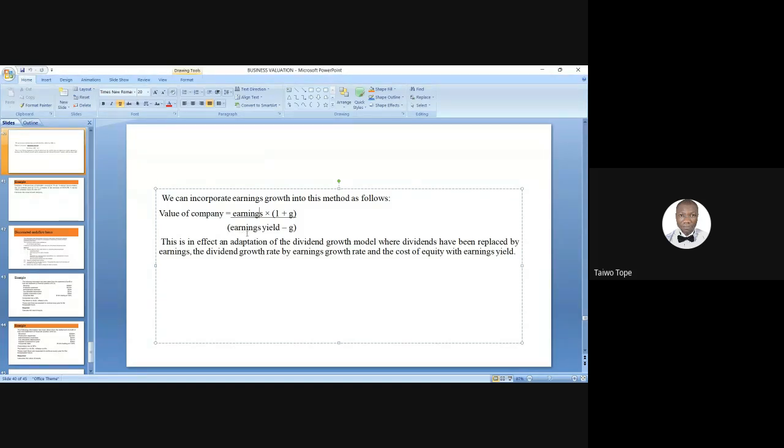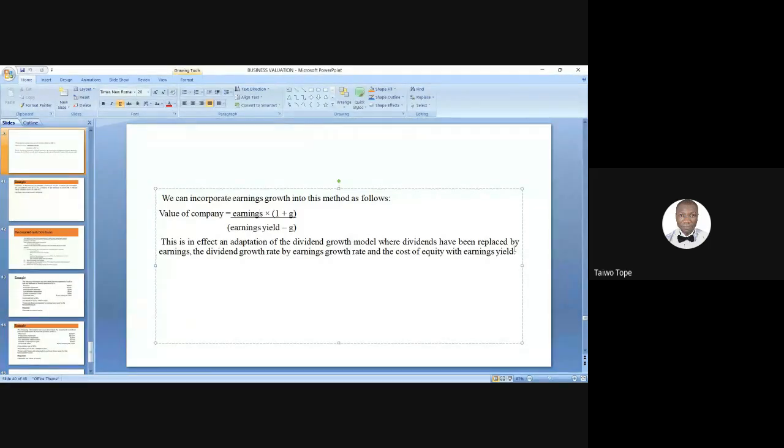Some books will put it as earning yield minus growth rate. That is some authors. Let me rewrite this formula you're seeing on the screen.